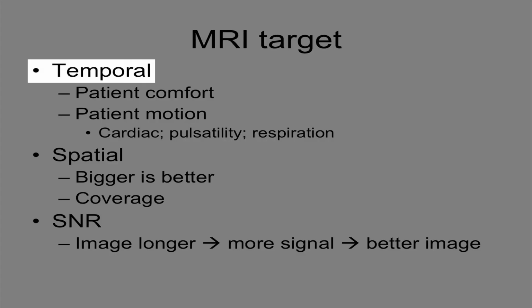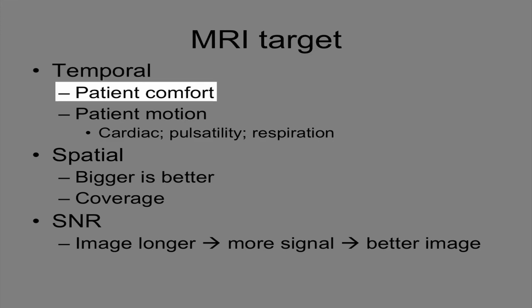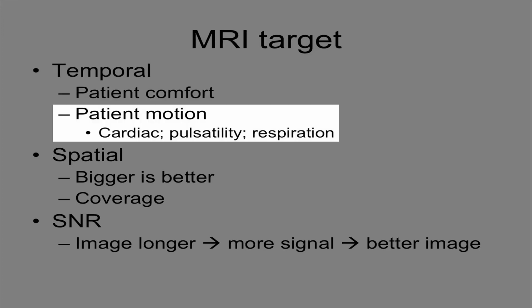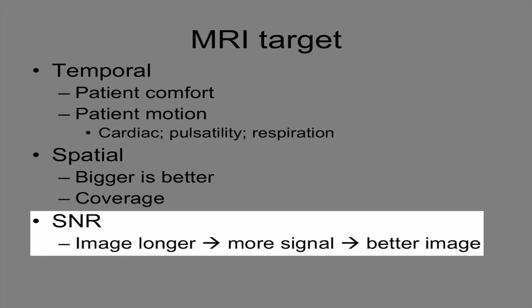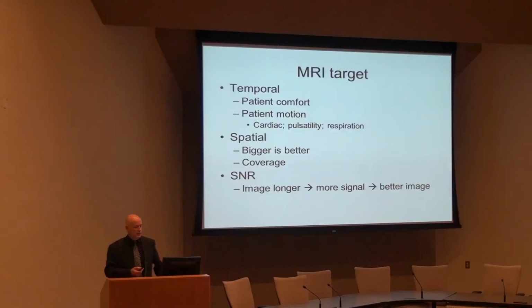Temporal, you can scan longer to get more information, but there's a question of patient comfort, whether they start to move around, and also even just the physiological movement from pulsatility and respiration. Spatial resolution, you would like to look at a large field of view with high resolution, but that takes longer. Signal, you would always like to have more signal, but that takes longer, and therefore all of these things, you can't have all three of those things at the same time.